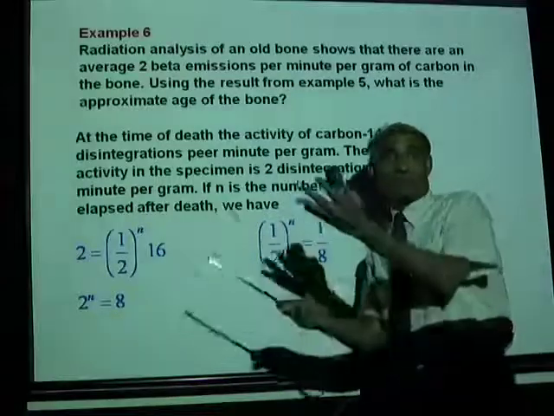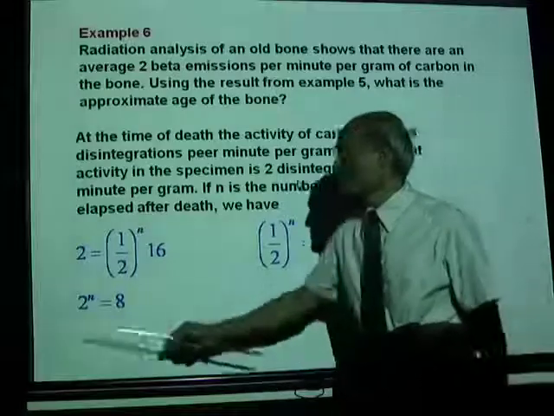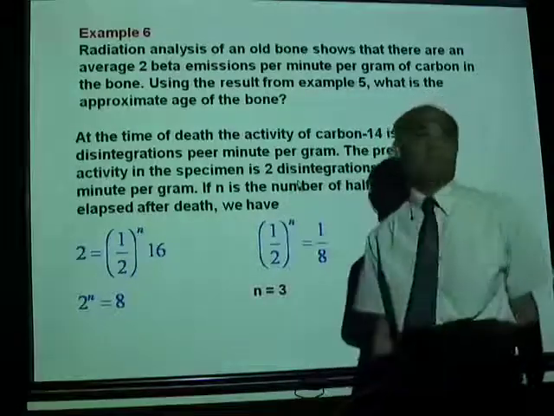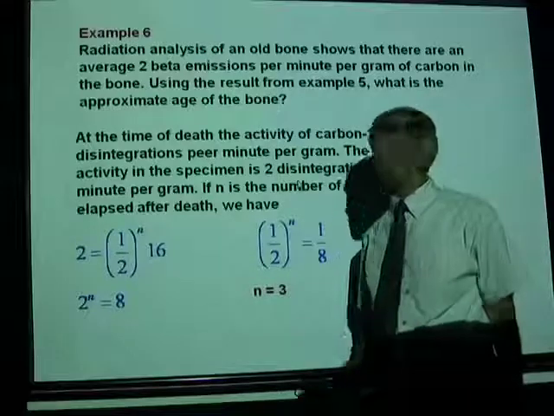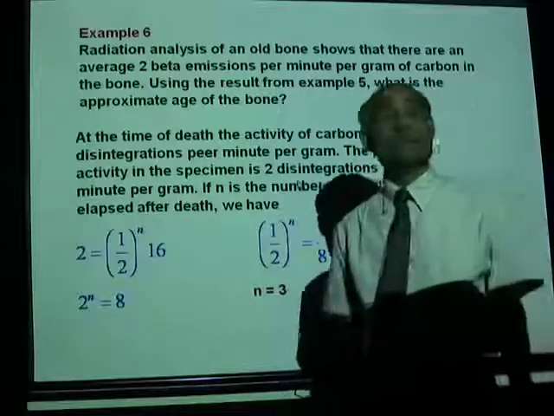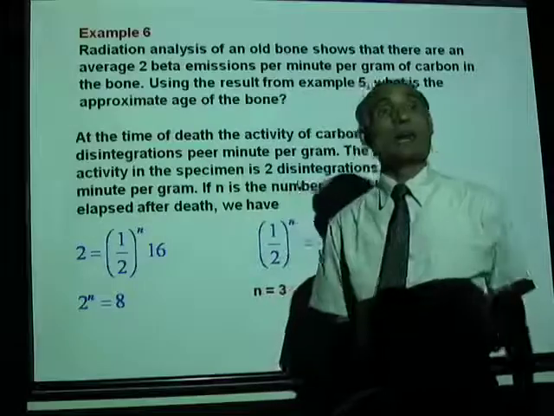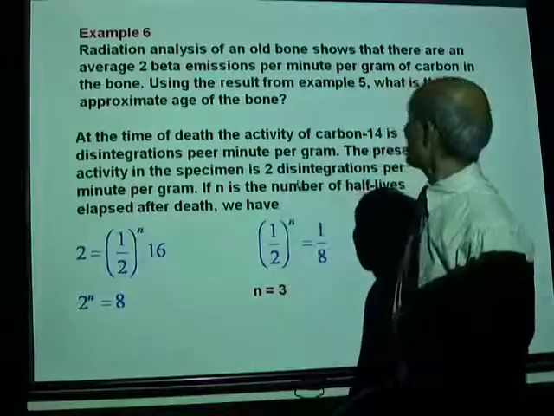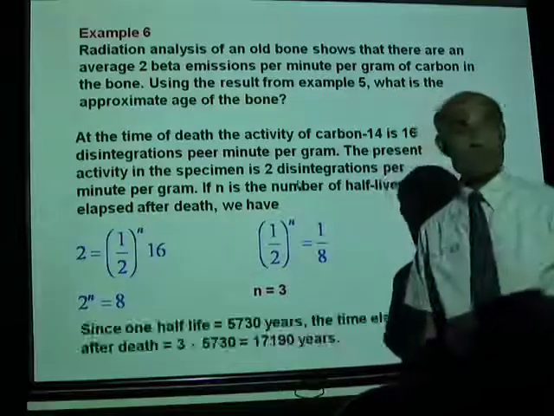Yes, you can simply flip the equation. If 2 to the power of n equal to 8, what is n? n equal to 3. So the number of half-lives elapsed is 3, and each half-life is 5,730 years. Is that right?